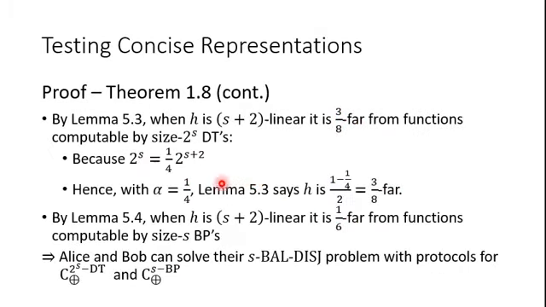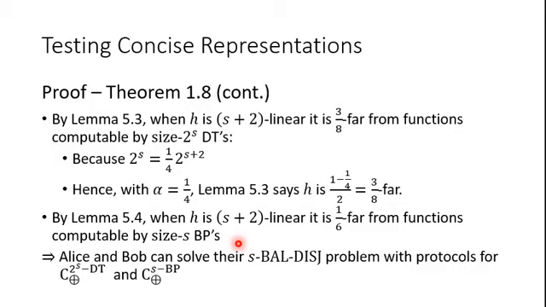So just to conclude, this case is, again, when A and B are disjoint, if you remember from the earlier slide. So in this case, we saw that H is S plus 2 linear. And so in this whole slide, we saw that when H is S plus 2 linear, it is far from functions computable by size 2 to the S decision trees, and it's also far from functions computable by size S branching programs.